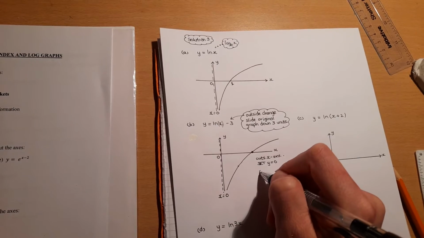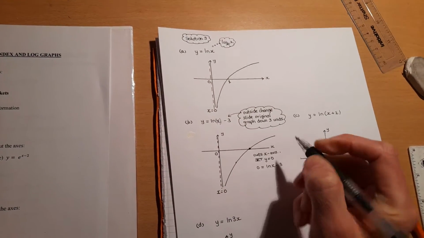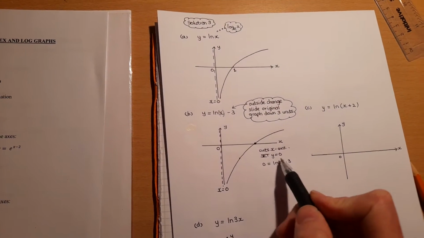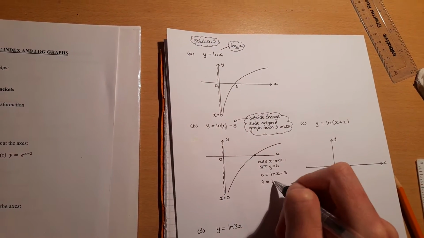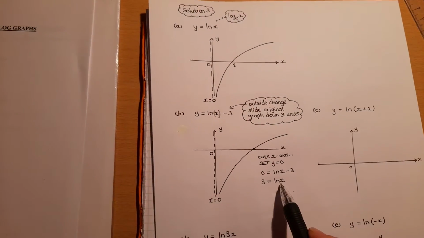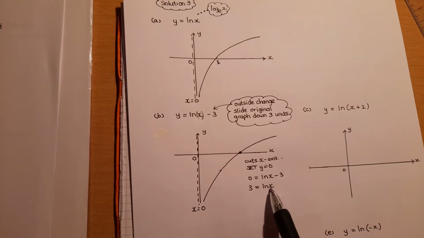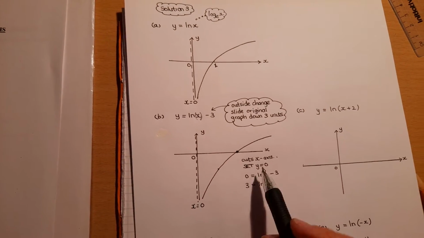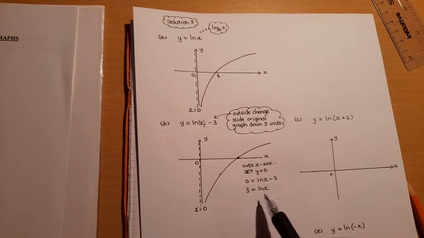So we're going to get 0 equals the natural log of x minus 3. So what I'm going to do now is get the log term by itself. So move minus 3 over, it becomes plus 3. And now we're solving a log equation where there's only one log term here. So remember the procedure. We change it from log form into index form. So the log to the base of a number is equal to the power that the base is raised to.